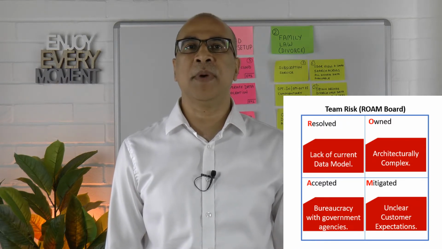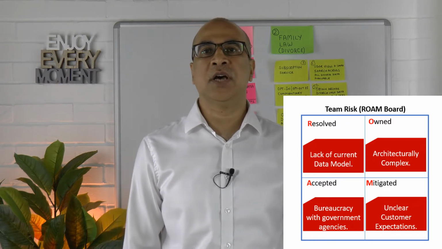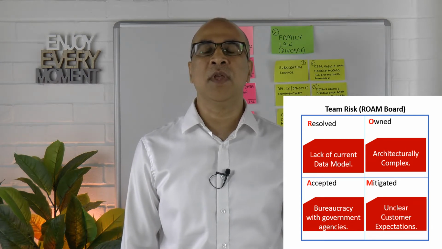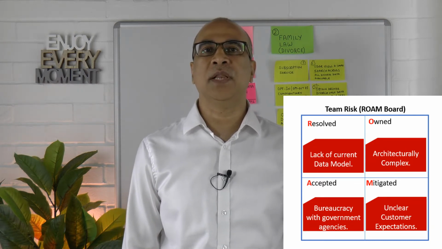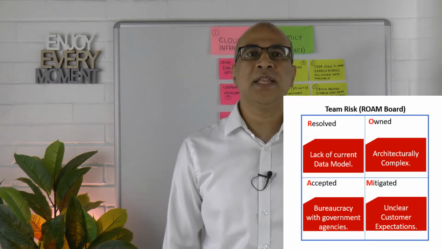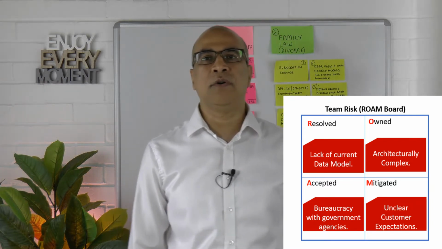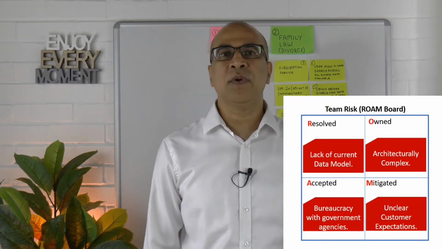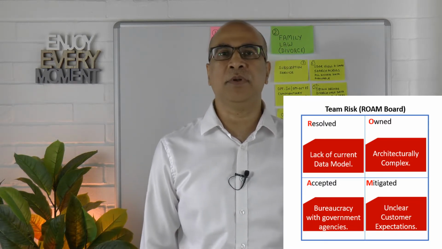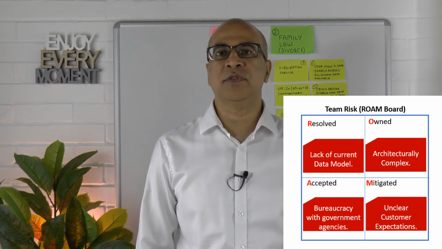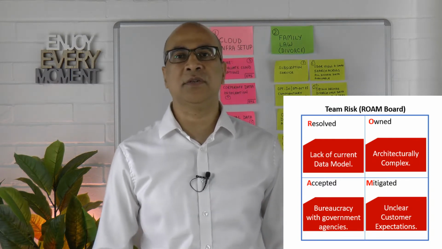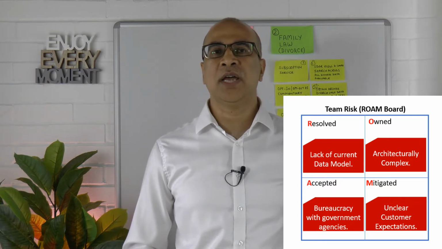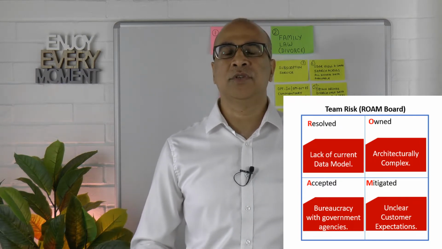Nevertheless, there's a certain amount of bureaucracy and time impact that we may not be able to resolve ourselves. So in that case, we will just say we accept that. Now, in the other example, our risk number 2, which is the lack of a current data model, we will say, okay, in this example, we've resolved that. How have we resolved that? We've assigned an architect to our team that's actually got that planned in to resolve that situation.